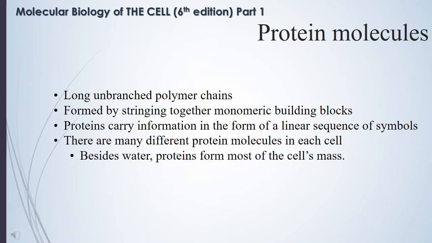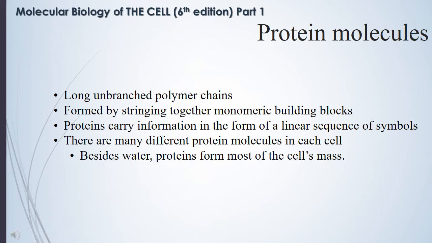So we've been talking about proteins, and obviously proteins are important and carry vital functions in a cell. But what are proteins? They're basically long unbranched polymer chains, formed by stringing together monomeric building blocks, which are called amino acids.